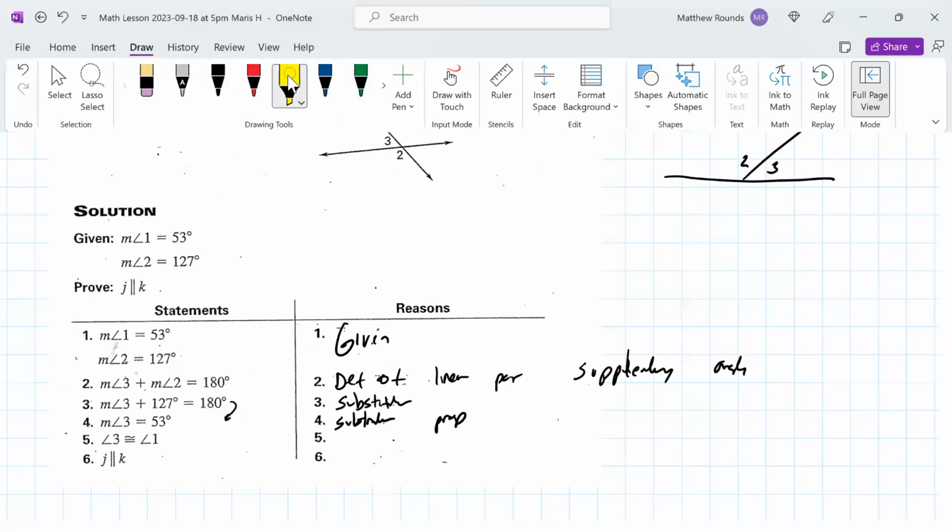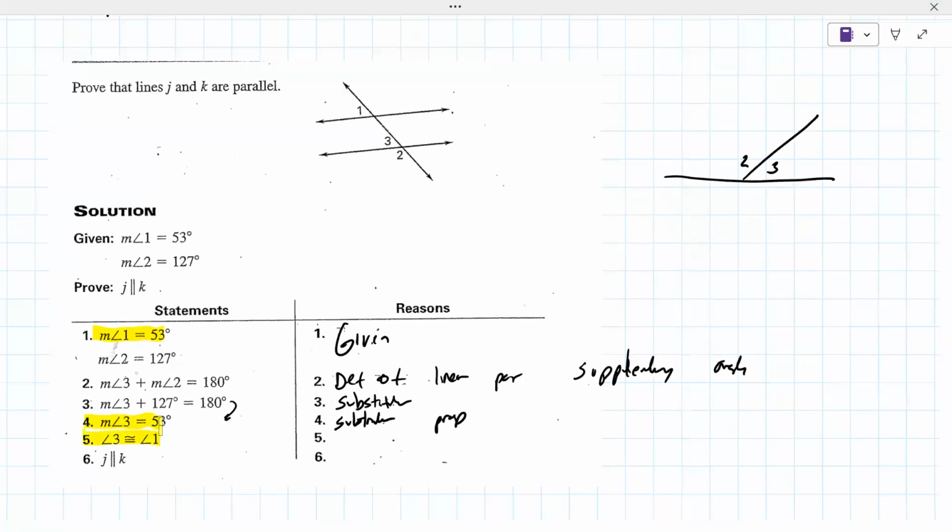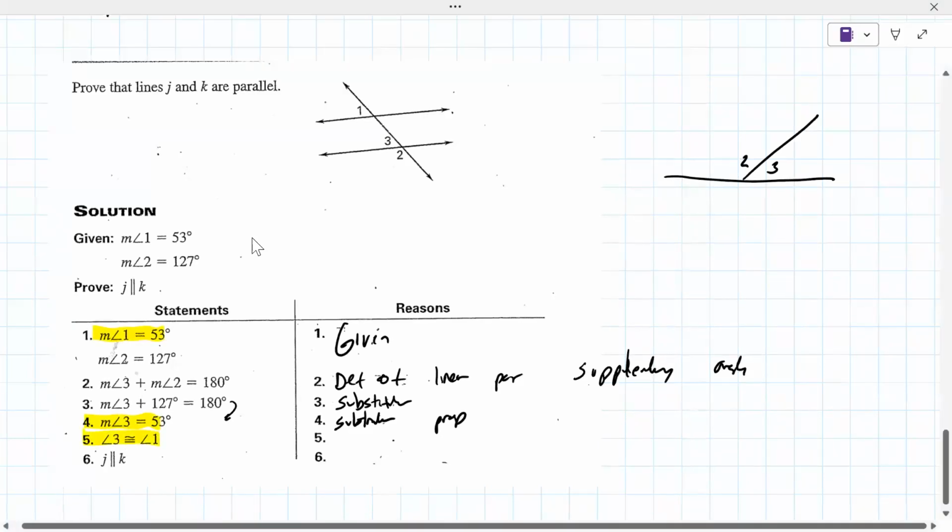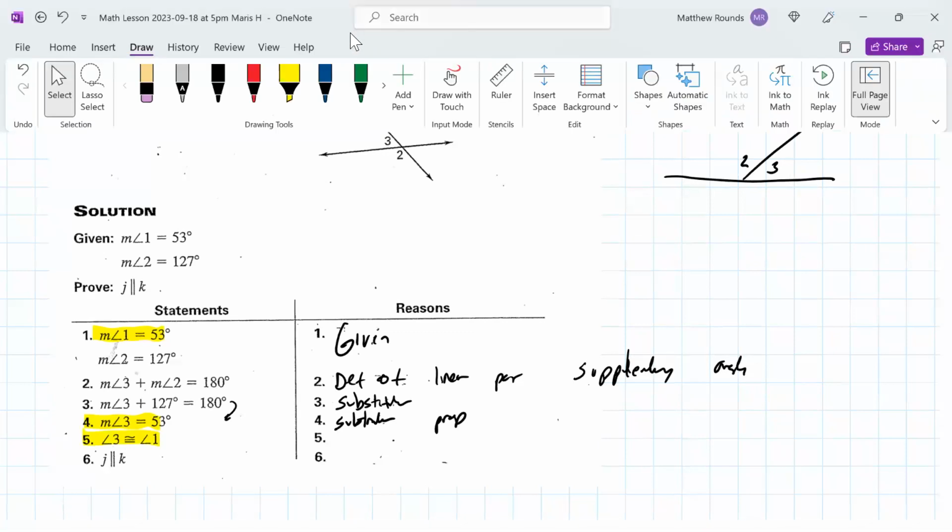Now, the next one, this is so tough. This next one is based on this one, and this one. So five comes from 1 and 3.